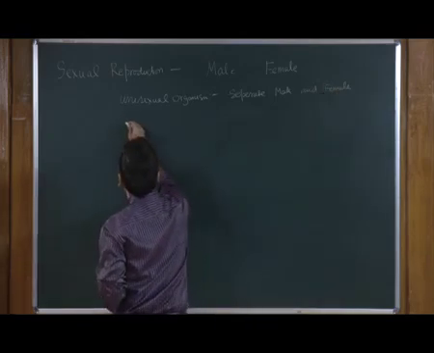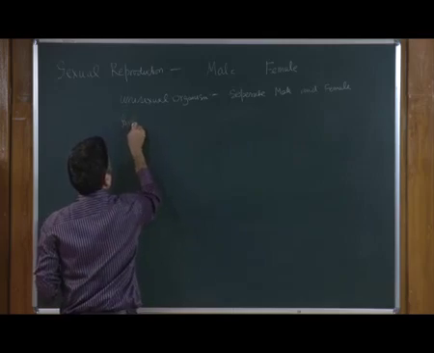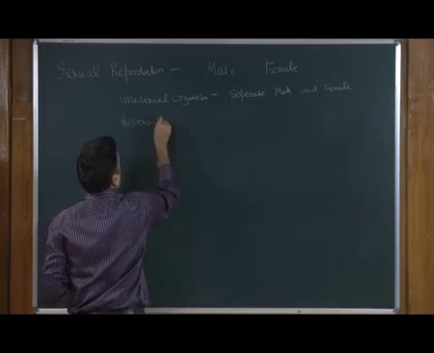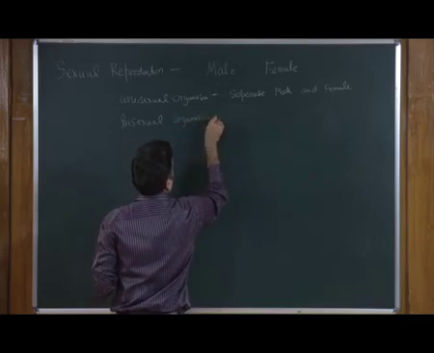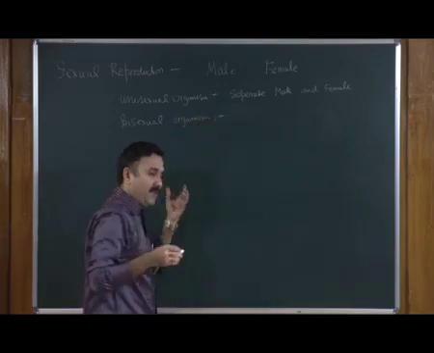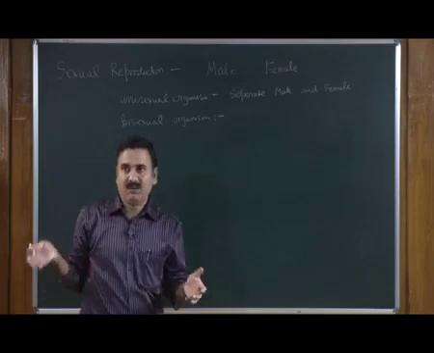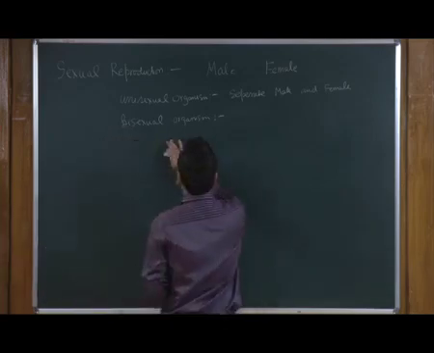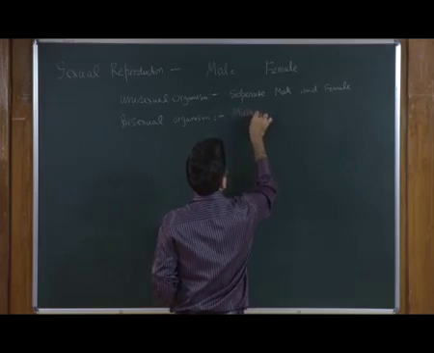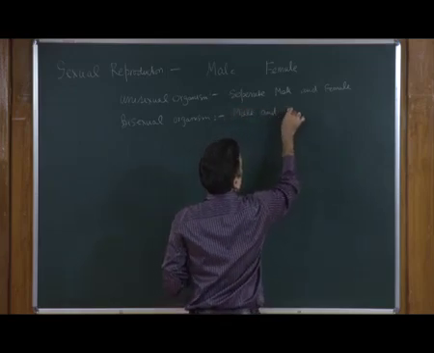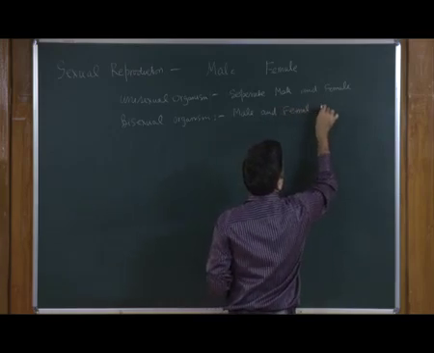Whereas you can have organisms with both male and female individuals on the same individual, and those are called bisexual organisms. So, here you have male and female on the same individual.